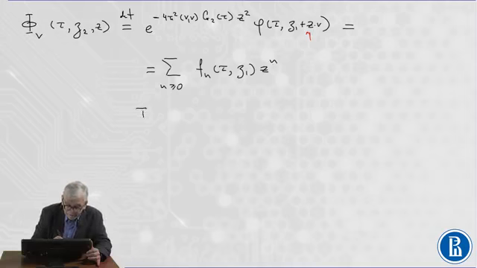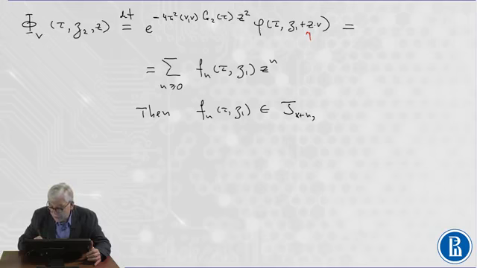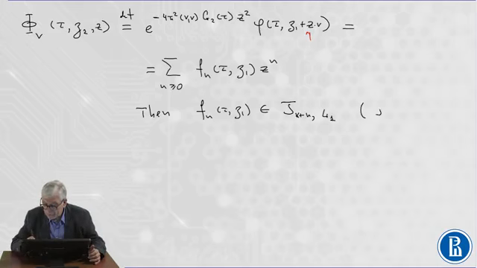Then this function f n of tau, z1 is a holomorphic Jacobi form of weight k plus n with respect to the lattice L1 if the original function phi was holomorphic, or weak if phi is weak.